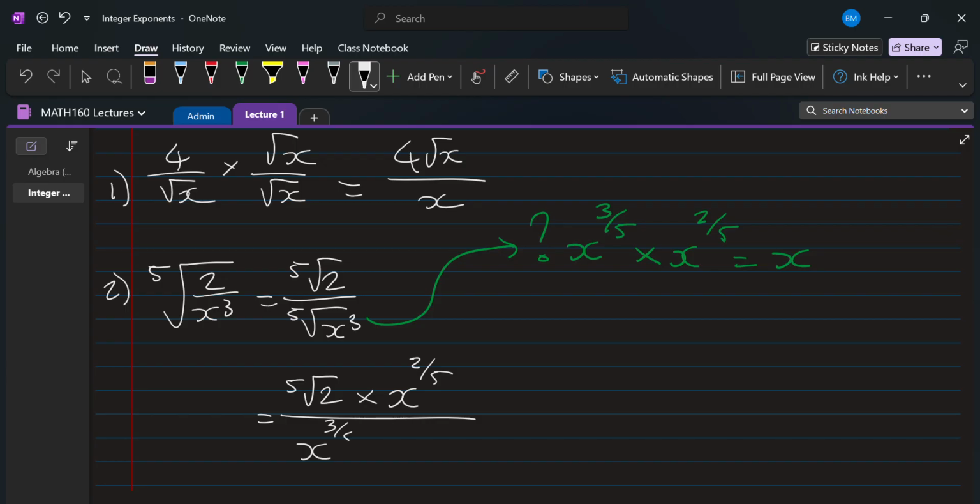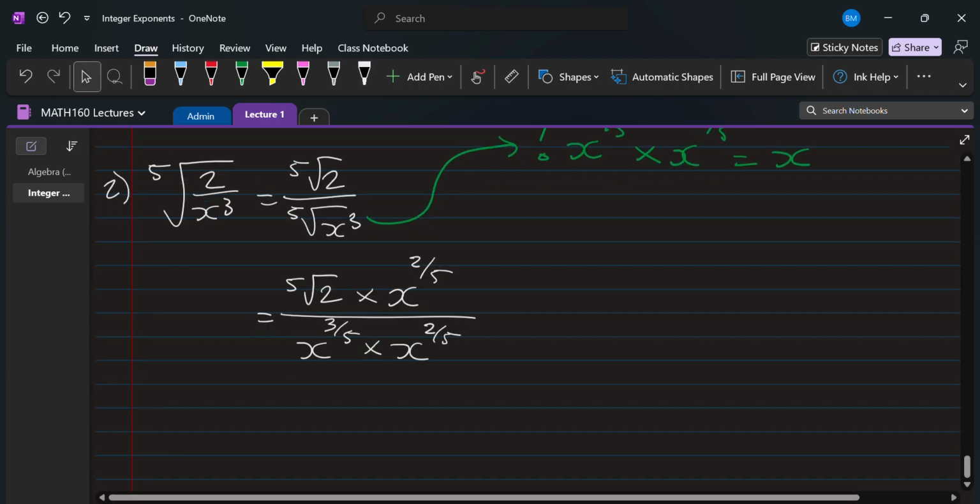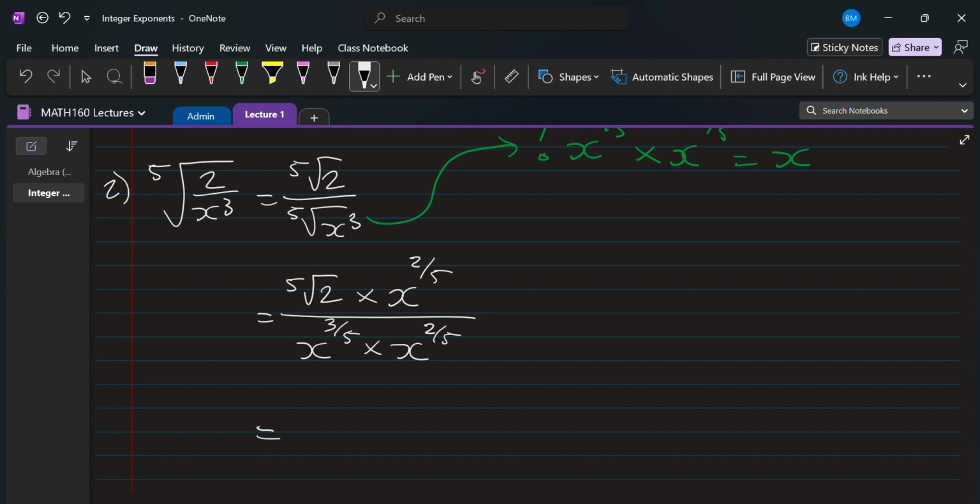No, we're adding, not multiplying. Someone said it on the side? 2 over 5, yeah. Because the 3 and the 2 make a 5. We end up with just x, like we wanted in the first problem. So that's what we do.